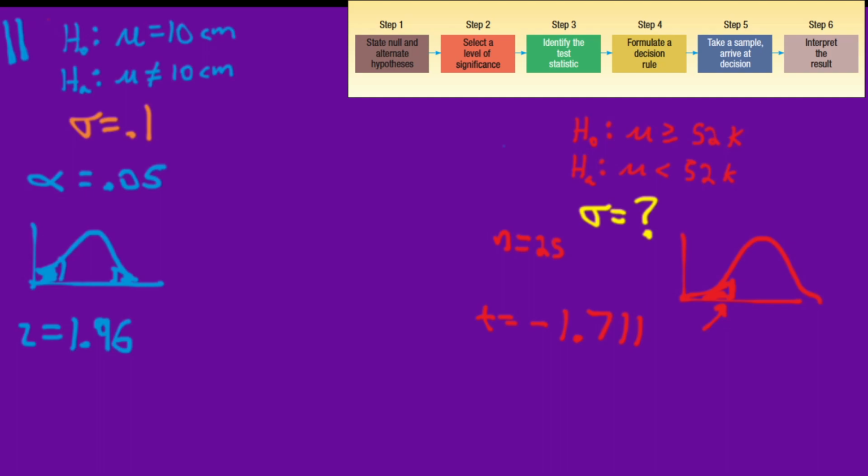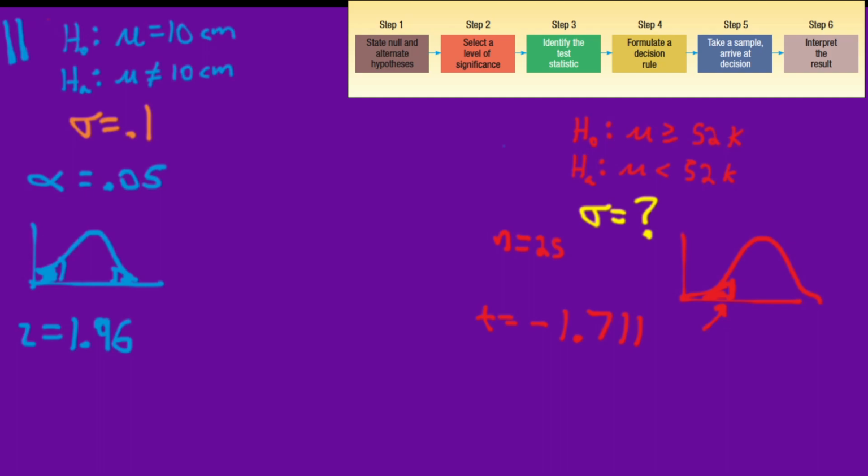Because it was a production line, and we might have some feel as to the standard deviation, we've said we know that the population standard deviation is 0.1. The alpha we've set as 0.05, which then, when we take all that together into step 4, we set a decision rule of 1.96 or negative 1.96.